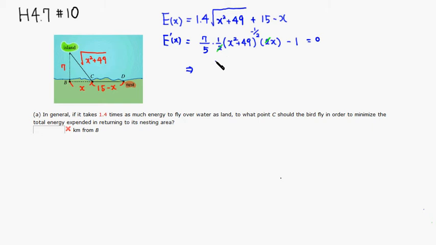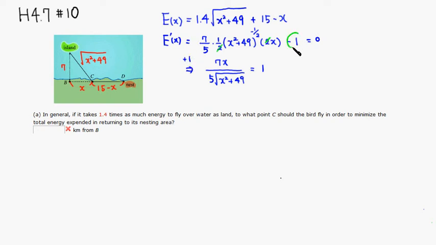So we set this equal to 0. You have 7x on top, and on the bottom you have 5 times the square root of x squared plus 49, and this is going to be equal to 1. So I'll move this to the other side by adding 1.